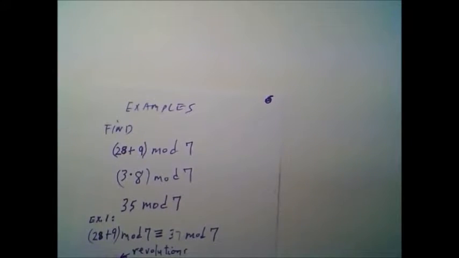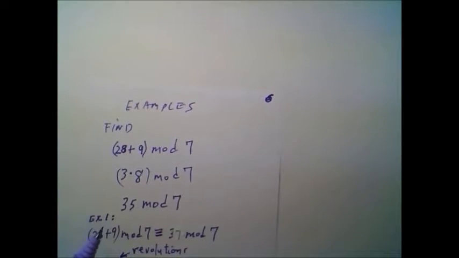And notice here that we have 3 bars between the two expressions, and the 3 bars mean identical to or congruent to. That's what we usually use when we talk about mods. But of course, it means basically the same thing as equals.